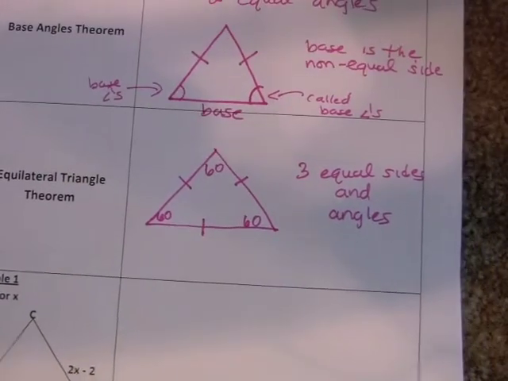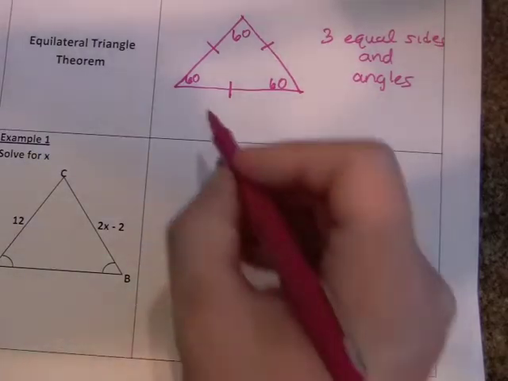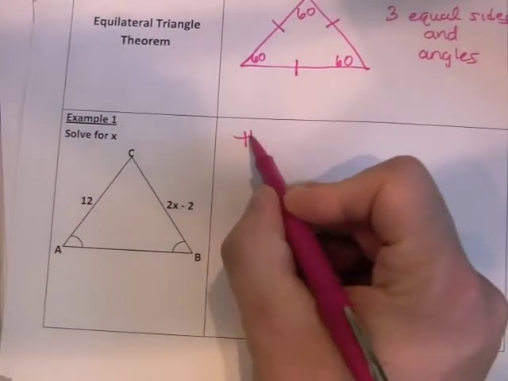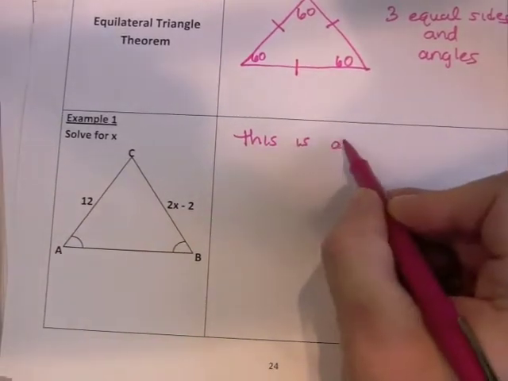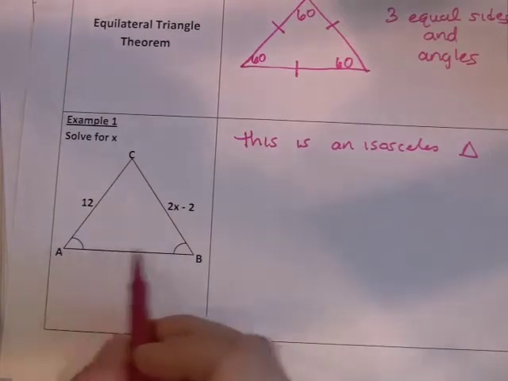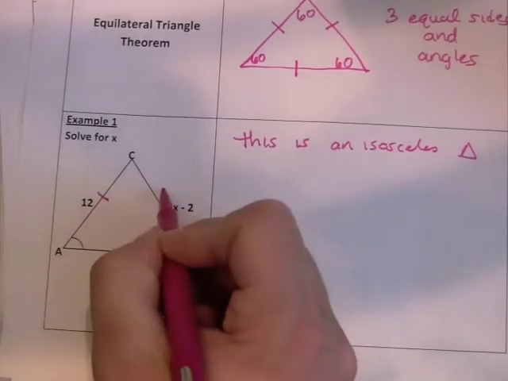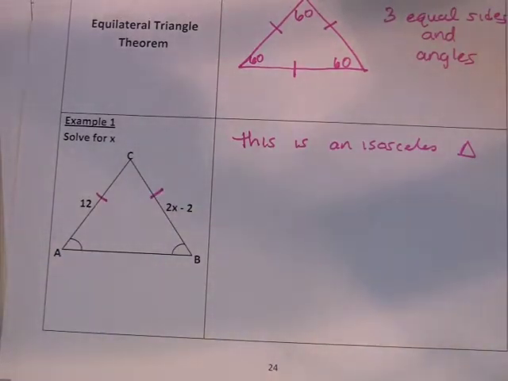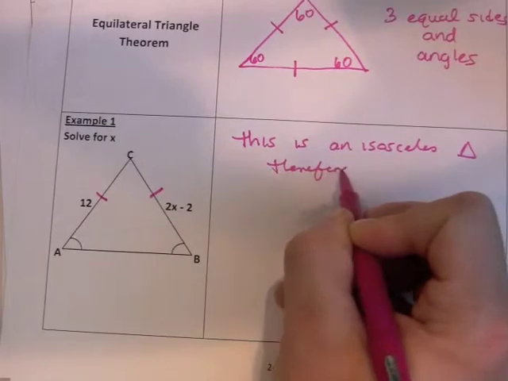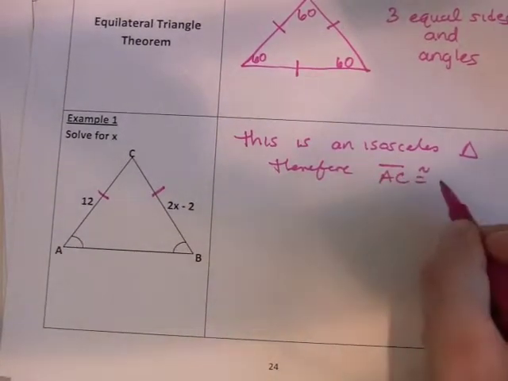So in example number 1, okay, we have two equal angles, which means this is an isosceles triangle. This is the base. So since this is the base, it means these two sides are the equal sides. Okay, so we know that AC is congruent to CB.